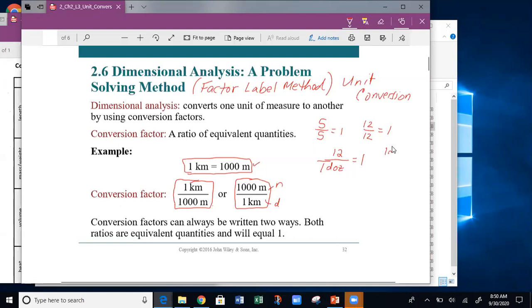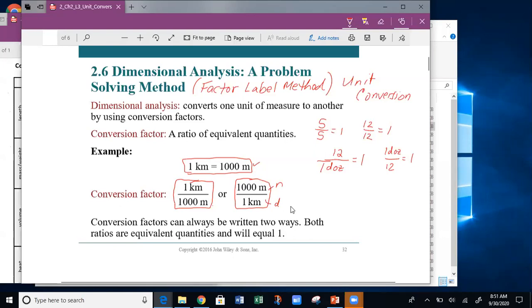Or if you take 1 dozen divided by 12, that's equivalent to 1. So a conversion factor is a fraction in which the thing in the denominator and the thing in the numerator are equivalent to each other.